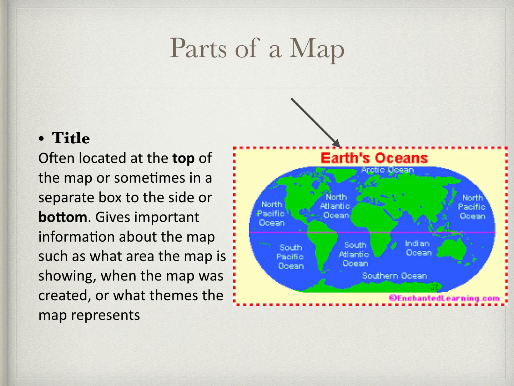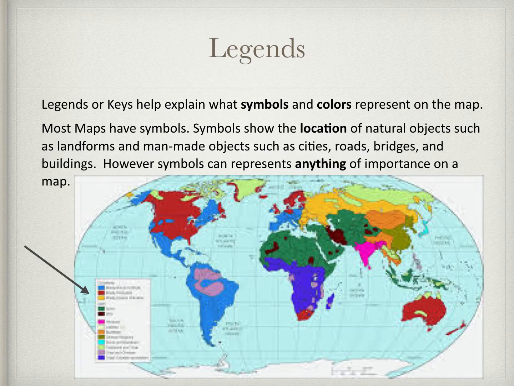Parts of a map are kind of like text features that you learn about in ELA. The title of the map tells you what exactly you're looking at, like United States, Africa, Australia, world map. Then you have your legends, the little boxes at the bottom that tell you what the symbols and colors represent on the map.